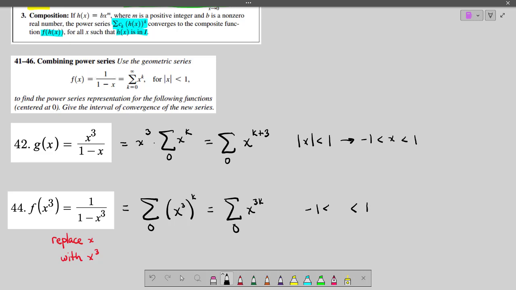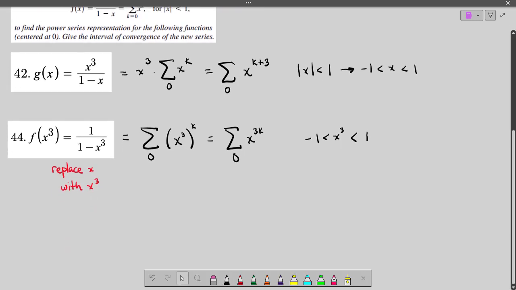So all this says is that if you replace x with x cubed in the power series expression, you also replace x with x cubed in the interval of convergence expression. That's what this says. H of x is in I, so I take h of x, plug it in for the x that was in I. And then we simplify that.